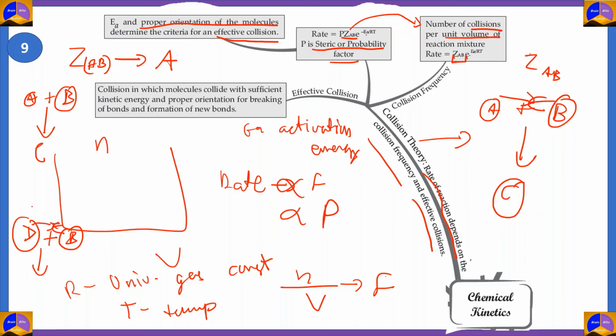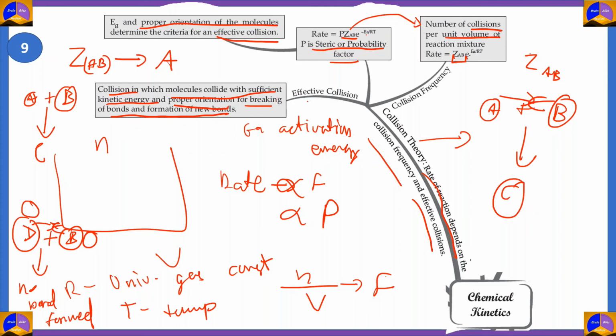And so when the collision is not perfect, no product is formed. So effective collision is the collision in which the molecules collide with sufficient kinetic energy and proper orientation for breaking of bonds and formation of new bonds.